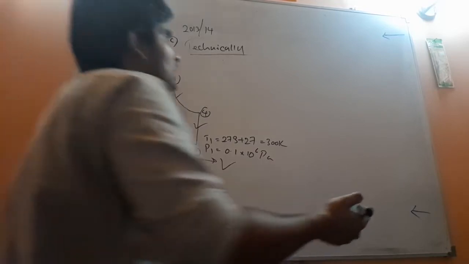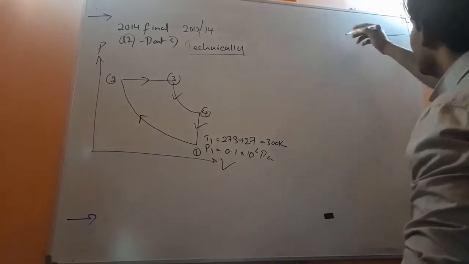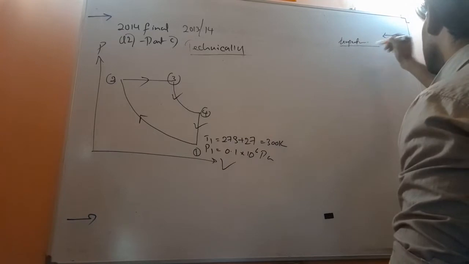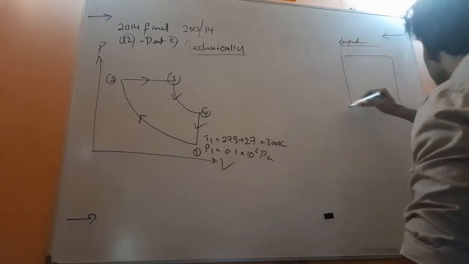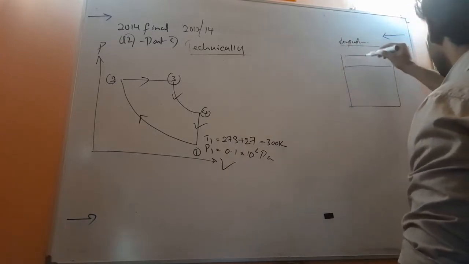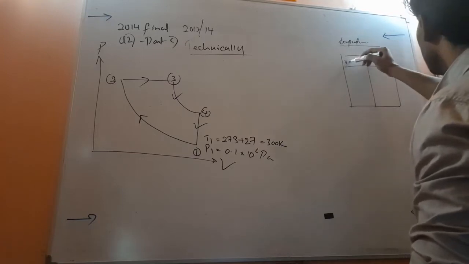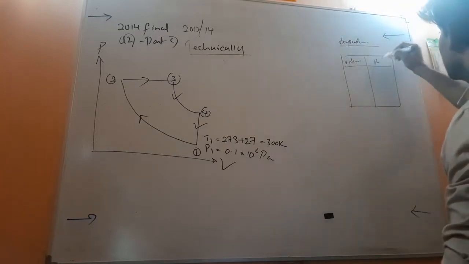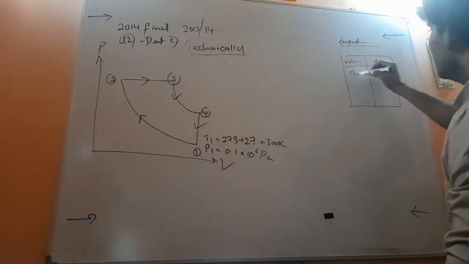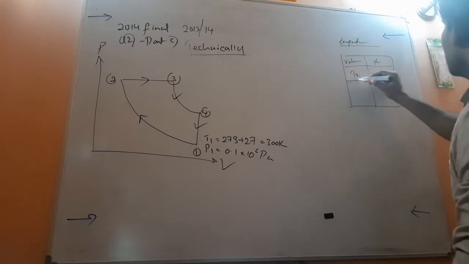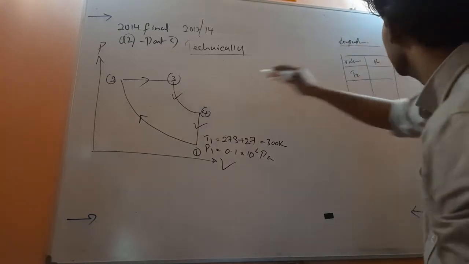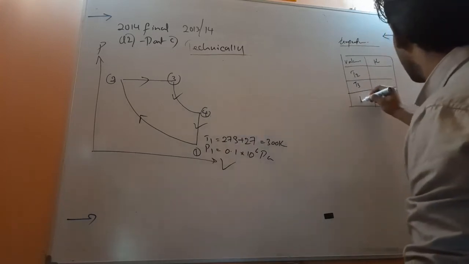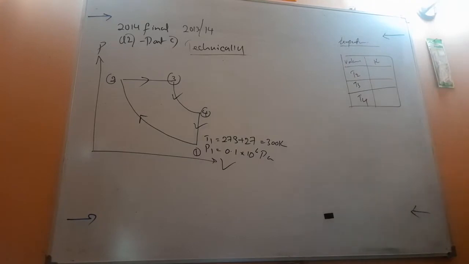You can make a table for the temperature, with the value in units, let's say kelvins. You have to find T2, T3, and T4 in kelvins.